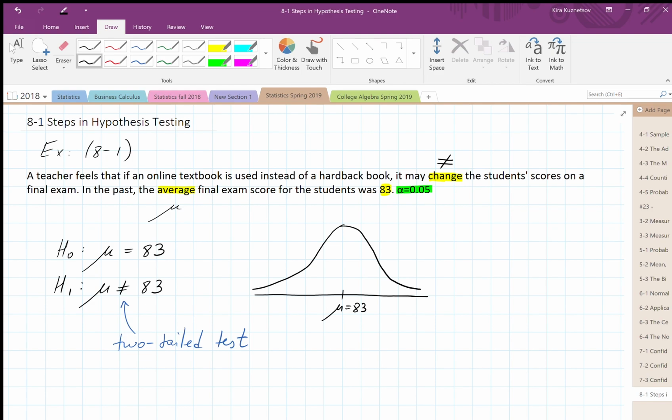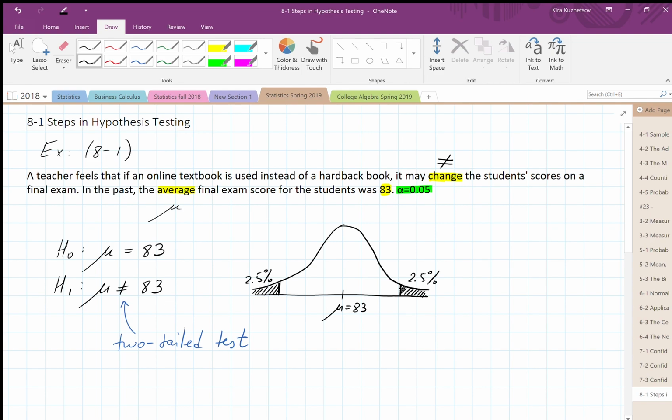What it means is my critical region consists of two pieces. The critical regions are your tails. If I have an alpha of 0.05, that means I have that 5% split up into two tails, meaning I have 2.5% on one side and 2.5% on the other side.